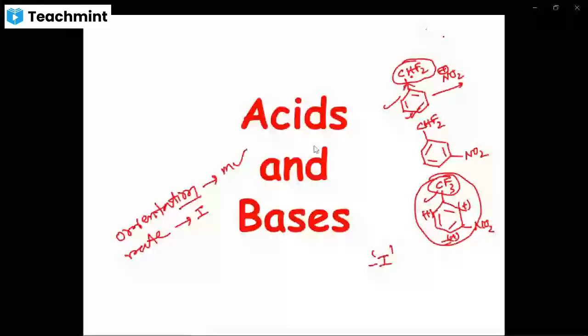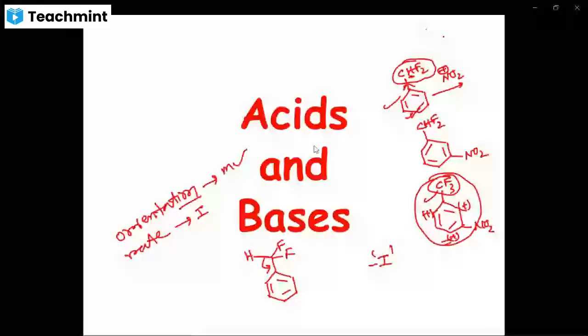But because of the presence of this hydrogen here, it will exert hyperconjugation. So you just leave this fluorine, but the presence of this C-H bond will create hyperconjugation.